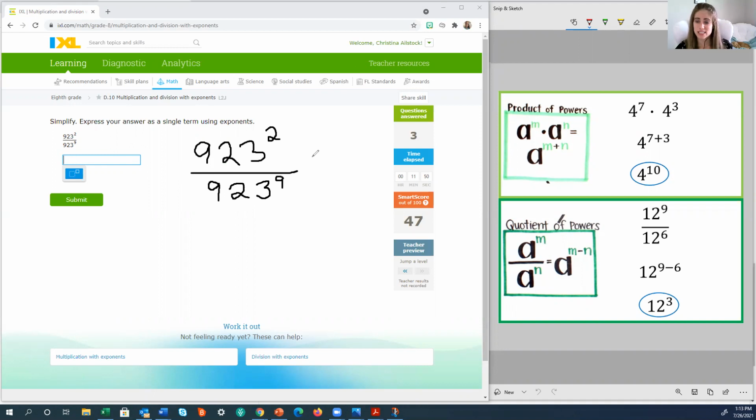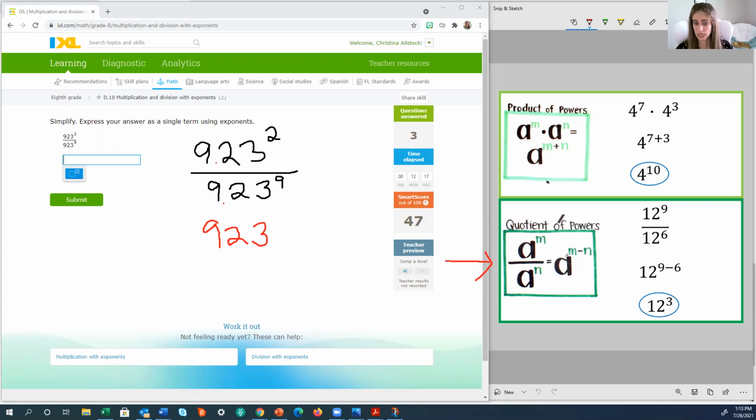Okay. Oh, I see here I need to simplify. Is it set up as multiplication or division? It's set up as division, so we're going to be using the quotient of powers, and that states when the bases are the same, which they are, we do what to our exponents? Subtract them. So our base remains the same, but we subtract our exponents.